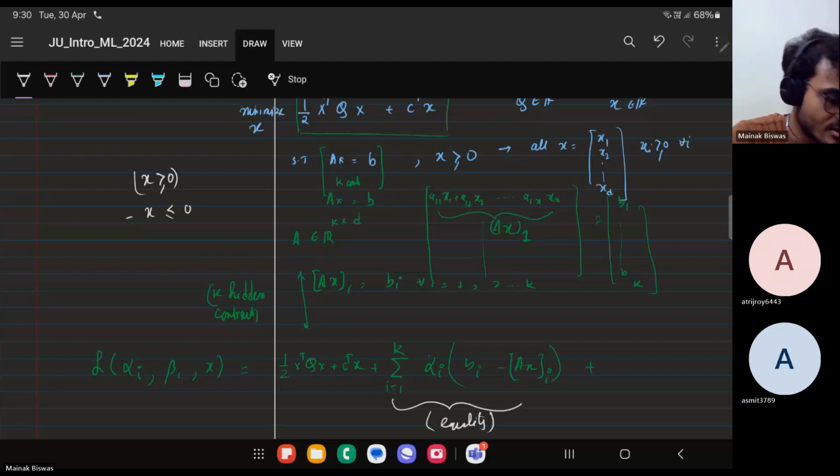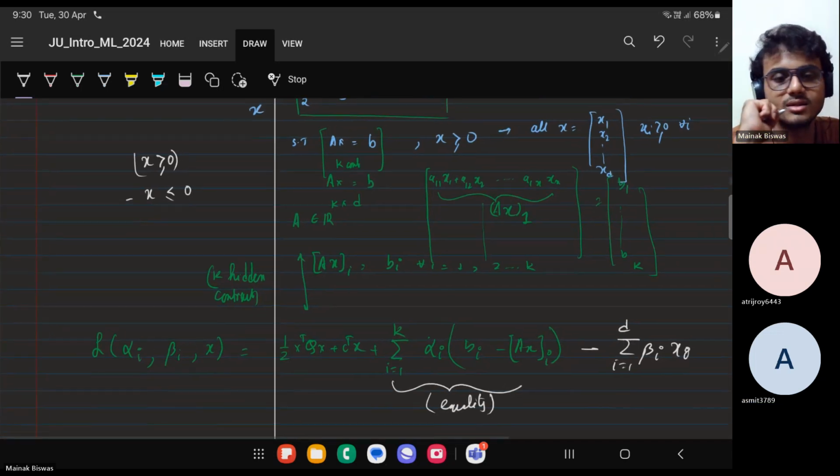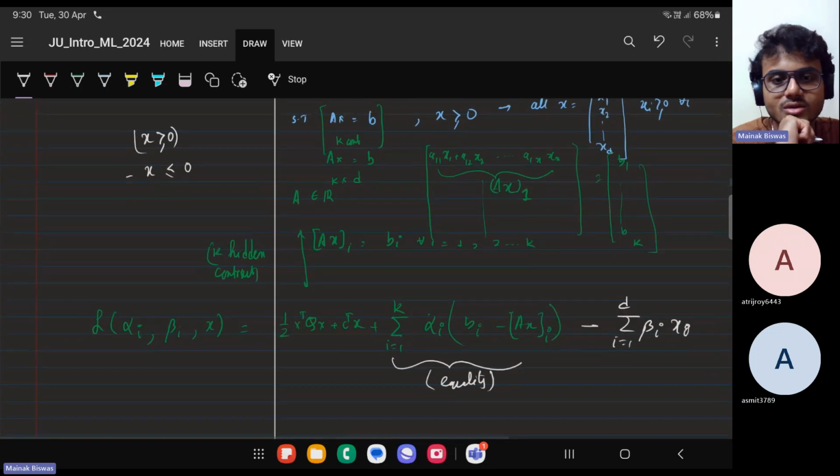So you will have to write minus beta X, because beta has to be positive. So beta i xi, i equal to 1 to D. Correct? Now, can you help me change this equation to a simpler equation?